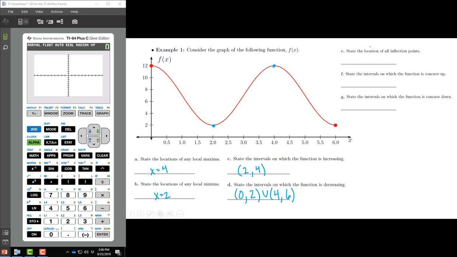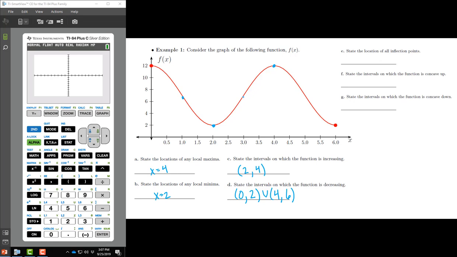All right, now it asks us to state the location of all inflection points, right? So those points where I seem to be transitioning between concave up and concave down. And really, I'm just kind of eyeballing this, but it seems like right here at x equals 1 is a pretty reasonable place to say that I've switched from concave down, so curved down, to curved up.